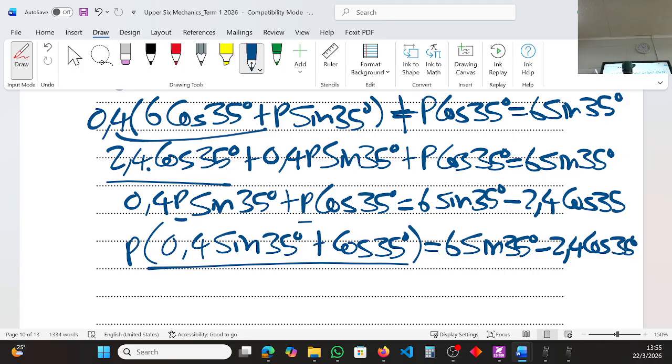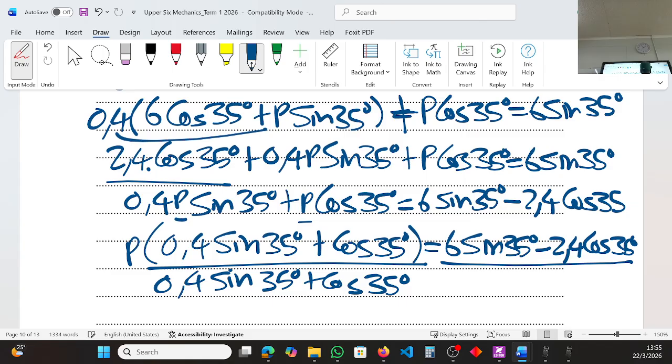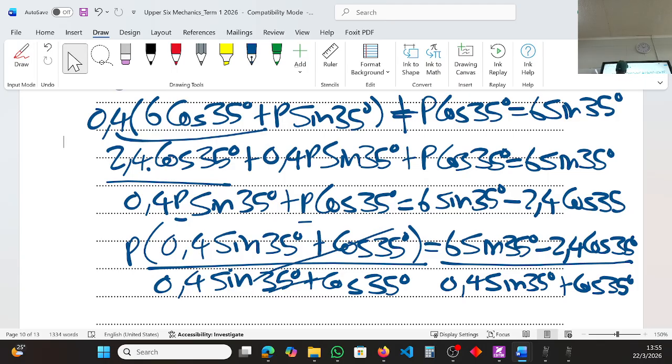So to find our value of P, we'll divide both sides by what's inside the brackets, which is 0.4 sine 35 plus cos 35 degrees. We'll also do it on the other side, dividing by 0.4 sine 35 plus cos 35 degrees. Here the numerator and denominator are the same, so they will cancel.